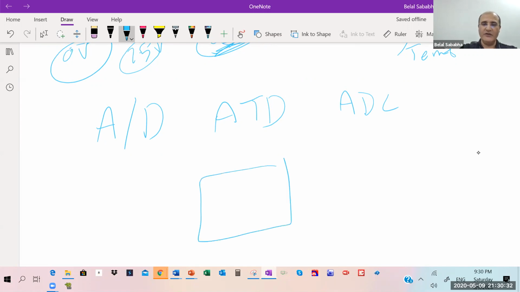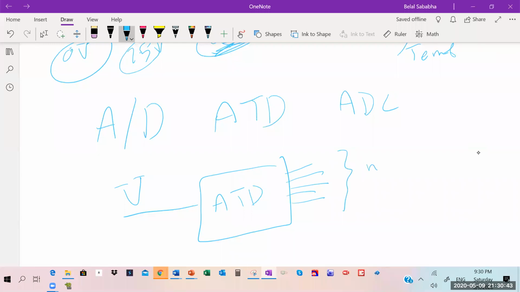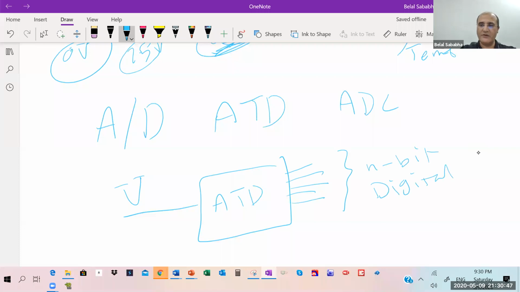So this A to D gets an analog voltage and gives an n-bit digital number. Okay, and what happens here is magic.